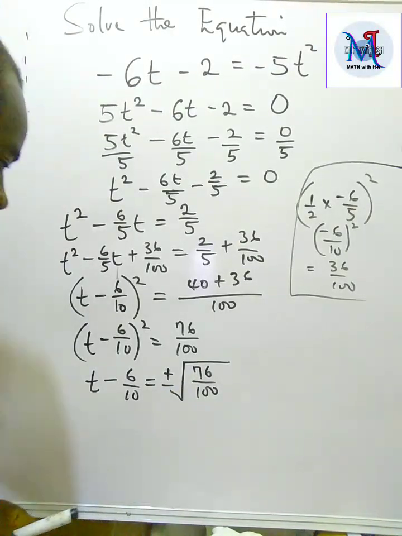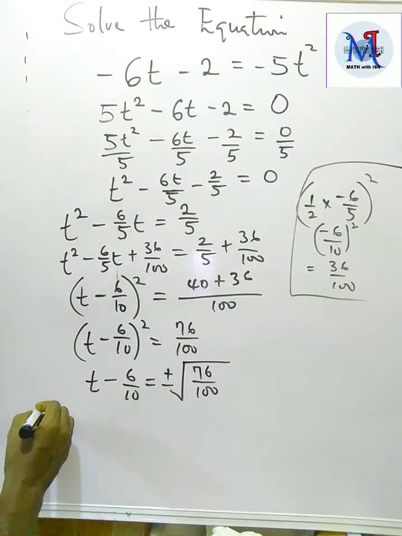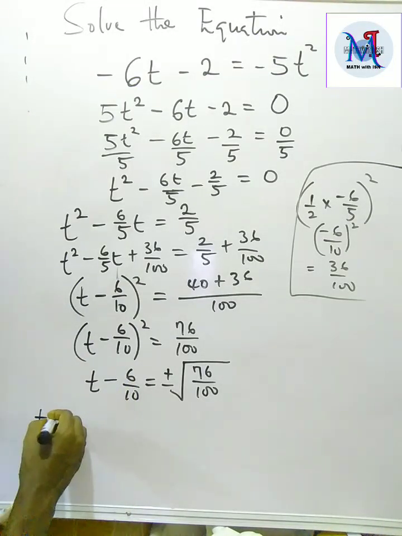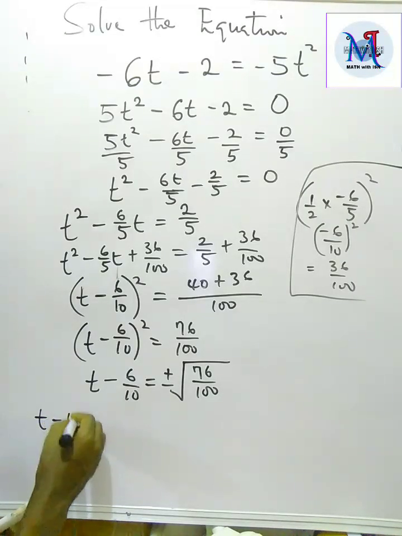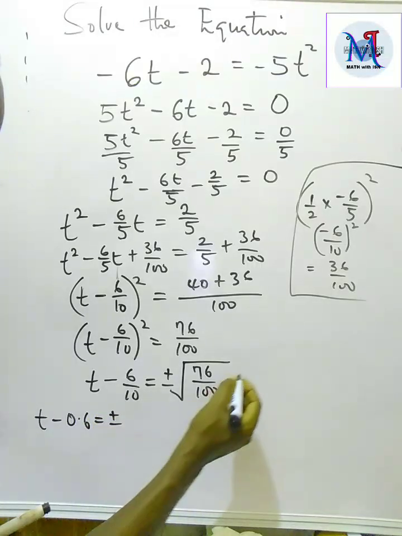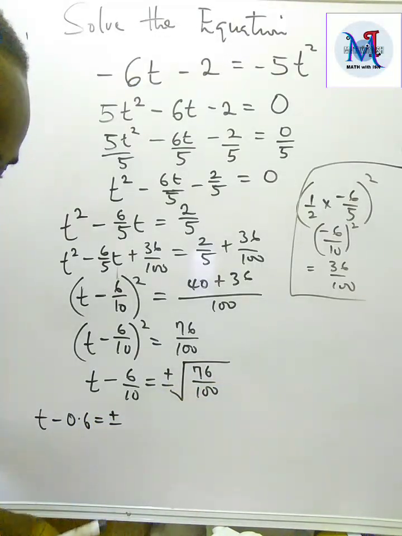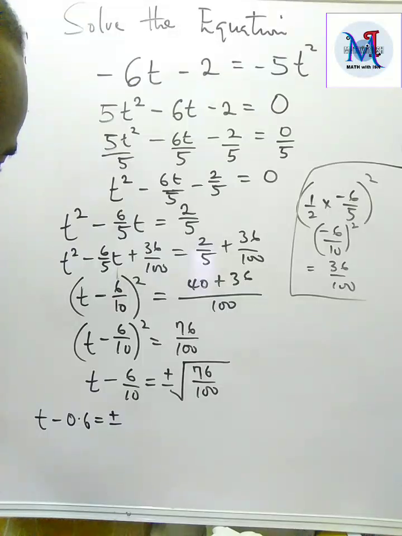Now if I come here, I'm going to have this 6 over 10, I can change it to decimal as 0.6, and then plus or minus. I'm going to use my calculator on this, because I know that we cannot get the exact value for the square root of 76, it's not a rational number, so we are just going to approximate it.